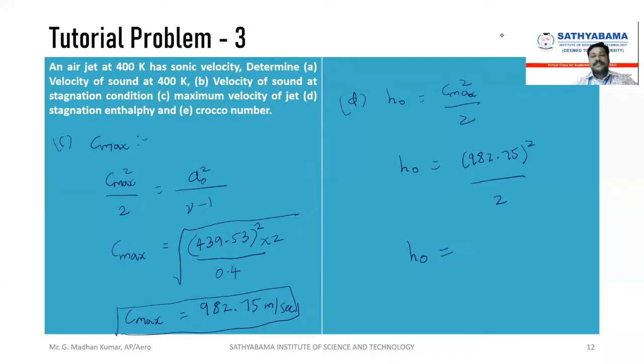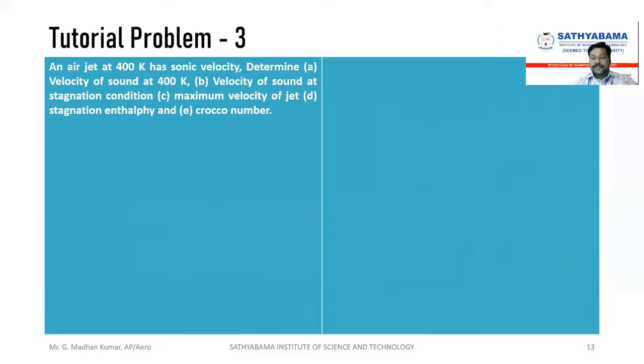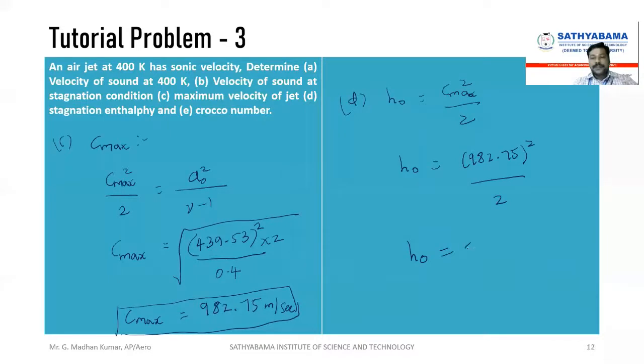Yes, H naught is 482.89, right? So 482.89. Is it correct? You are telling in kilojoule. Vivekananda? Yes. Yes, it is in kilojoule, right? So kilojoule per kilogram, right? So this is your stagnation enthalpy.